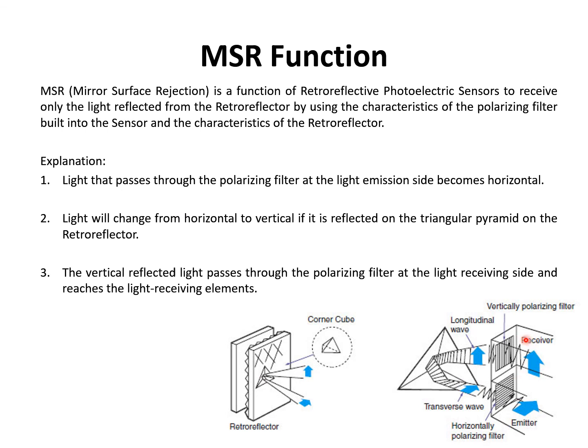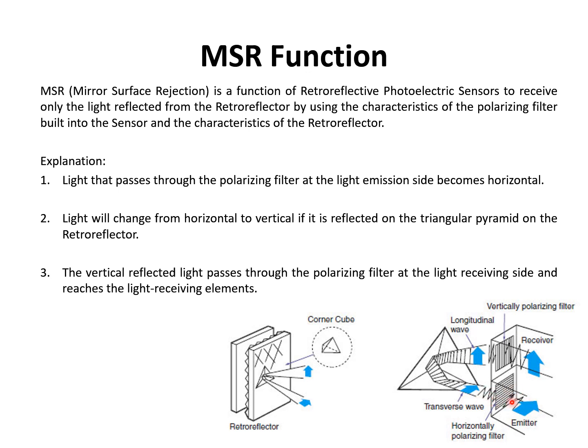Here we have an emitter and a receiver, and here we have a retroreflector. Light that passes through a polarizing filter at the light emission side becomes horizontal. So this is an emitter.